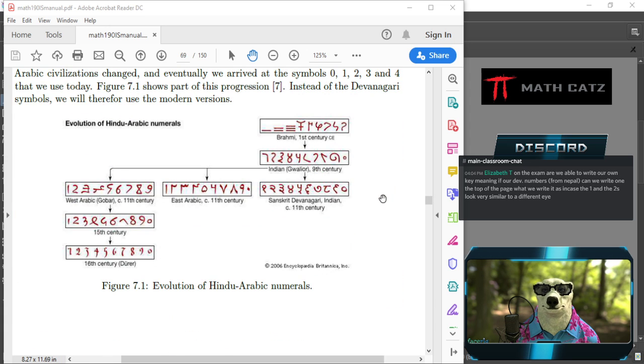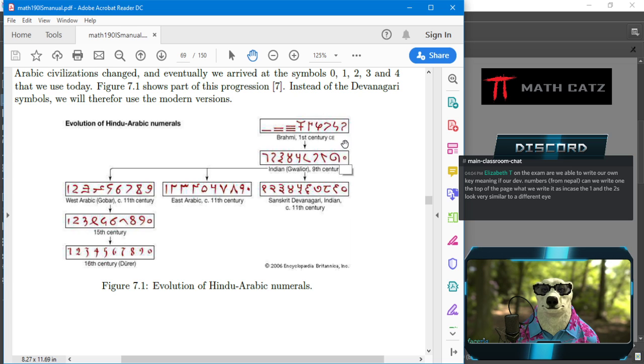You could use any one of these. We could have used first century symbols or 9th century symbols or whatever. I just like the look of these 11th century ones, but really they evolved slowly to the ones that we have today, while still counting in 5 to keep things different, keep us on our toes.